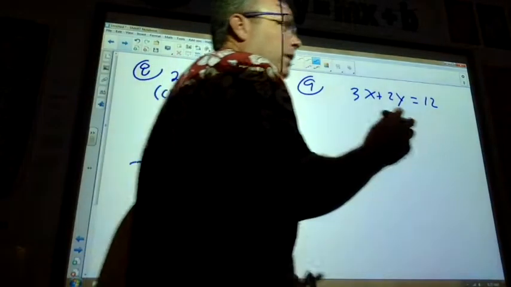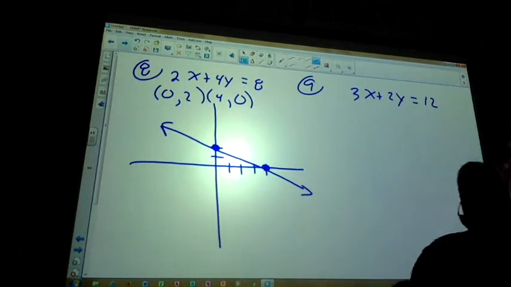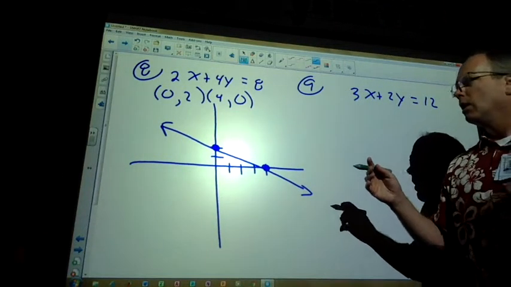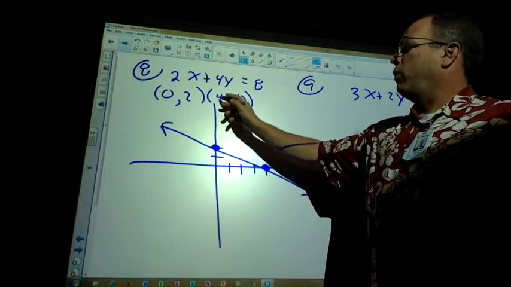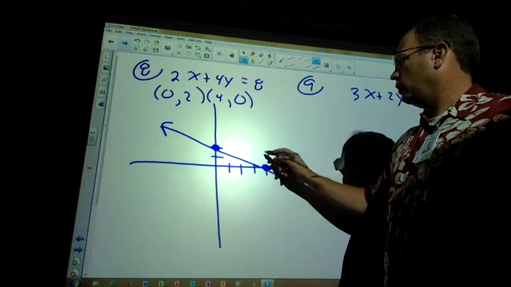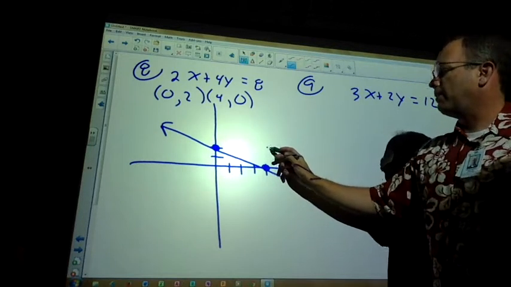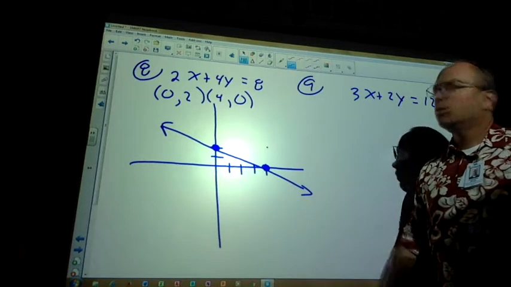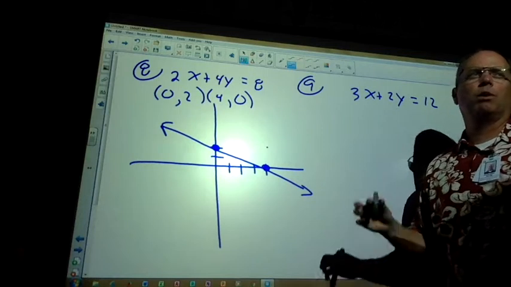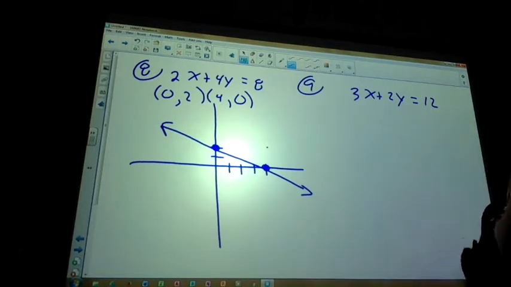So the cover method worked nicely, finding where it crosses the x and the y-axis. Those of you who say, well, 4, 2 is also a point. Well, 4, 2 is right here. Is that point on this line? So 4, 2 can't be a solution. So please, however we need to make that undo in your heads, let's do that.